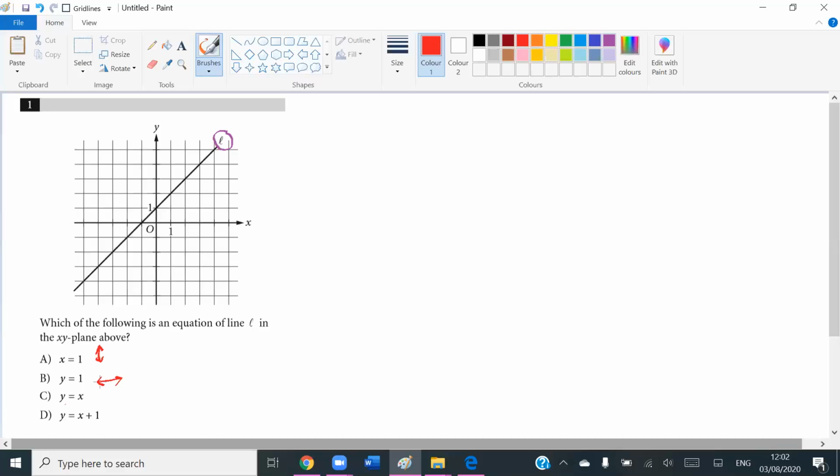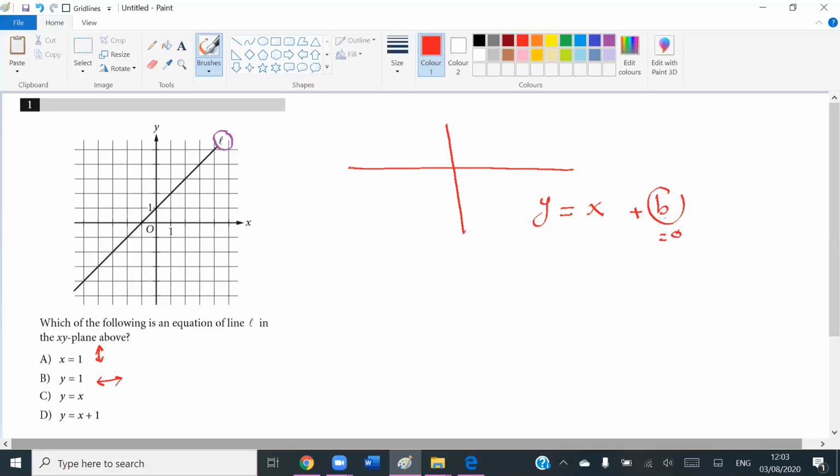What about y equals x? For y equals x, the line goes through the origin, 0 and 0. It means I don't have b, b equals 0.